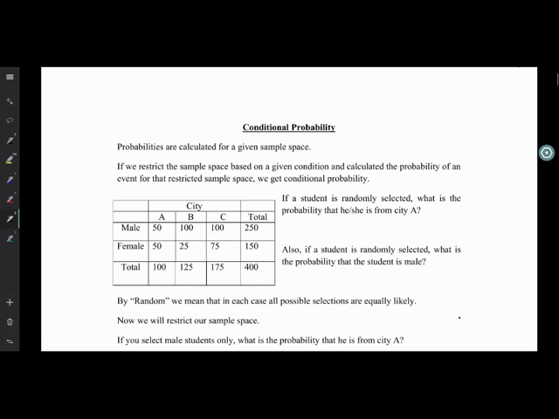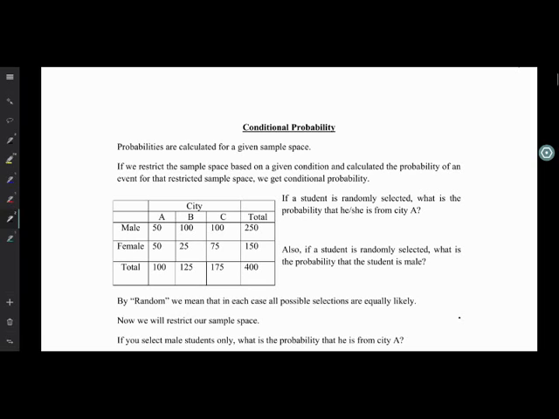Out of the 400 students, there are 250 who are males and 150 who are females. And all these 400 students are divided so that 100 came from city A, 125 from city B, and 175 from city C.